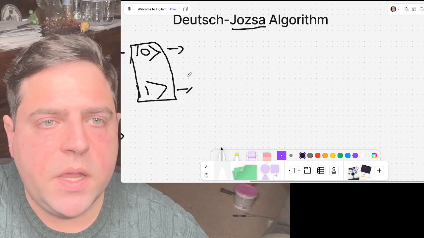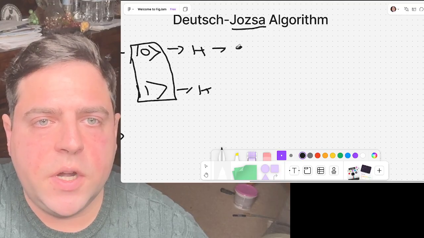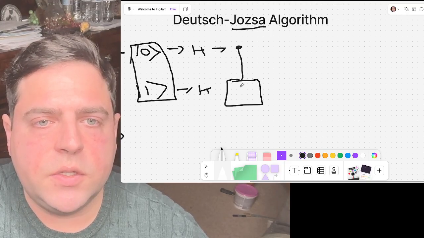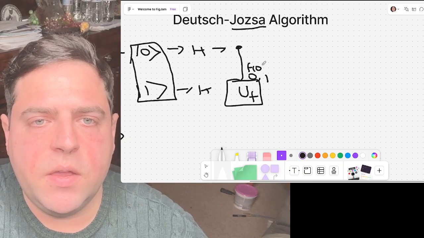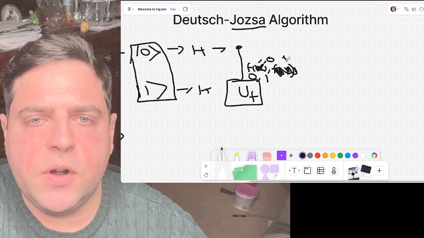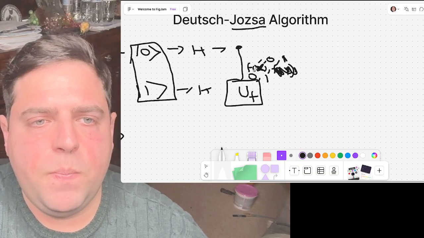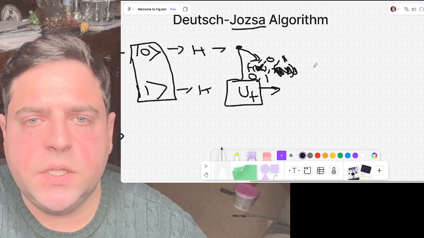They both went through a Hadamard gate, and then they went through a controlled unitary, where the unitary acted sort of like a C naught gate, except instead of flipping on 0 or 1, it flipped on whether our mystery function f of x gave a 0 or a 1. And based on that, the control bit here would flip or not flip these bits down here.